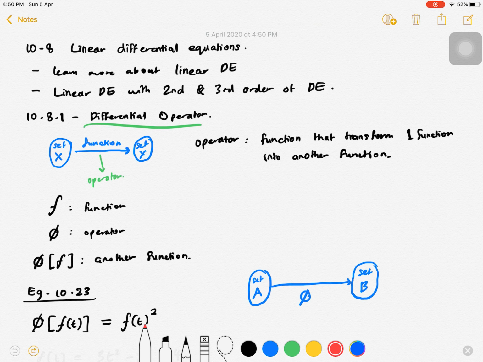You will learn about how a domain is converted into a codomain via a function. Alright, so a function, an operator.